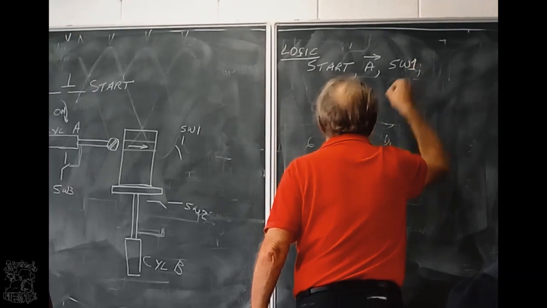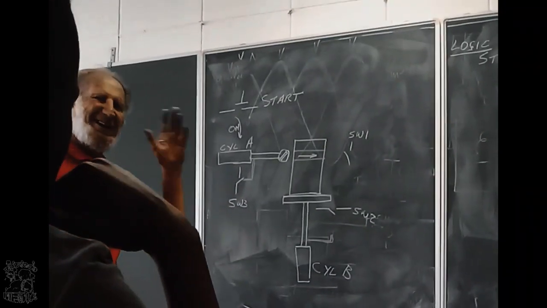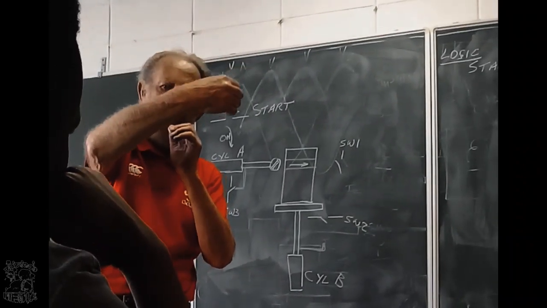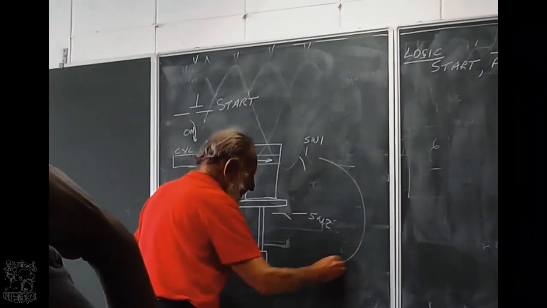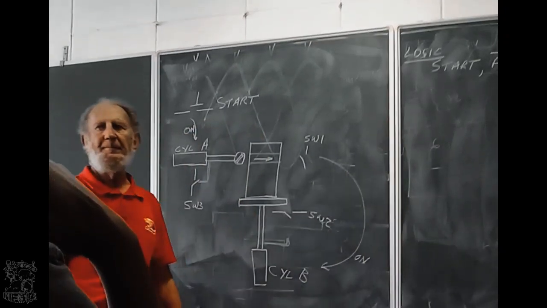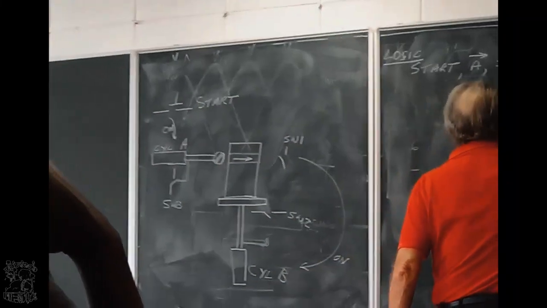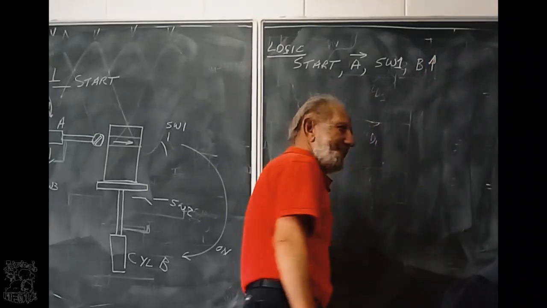Now, what must happen if it touches switch 1? Cylinder A must not lose power. Cylinder A must stay there. So, but switch 1 is going to put the power on cylinder B. So, that means cylinder B is going to move up.